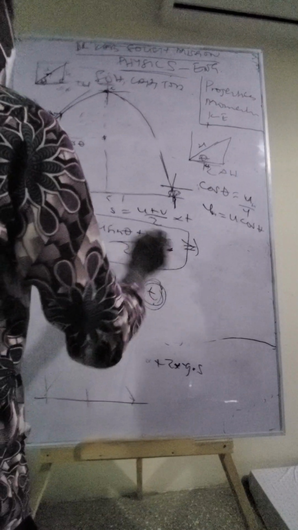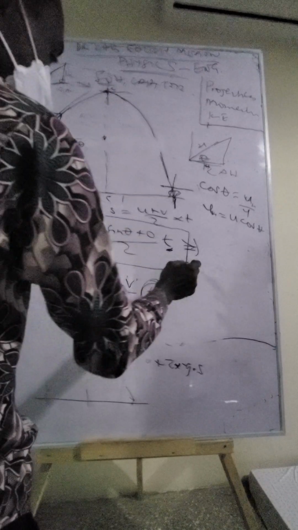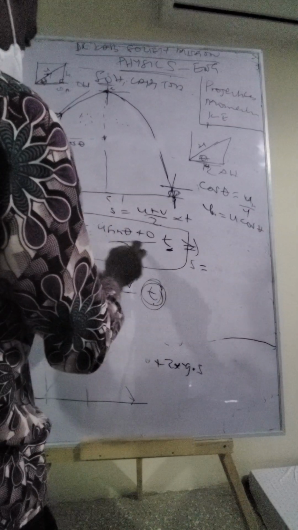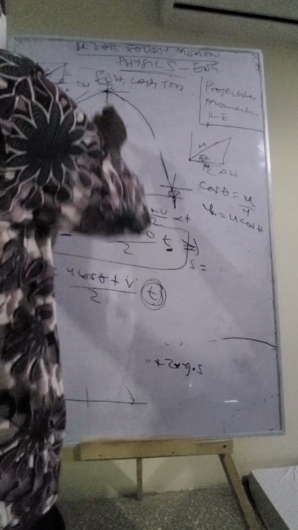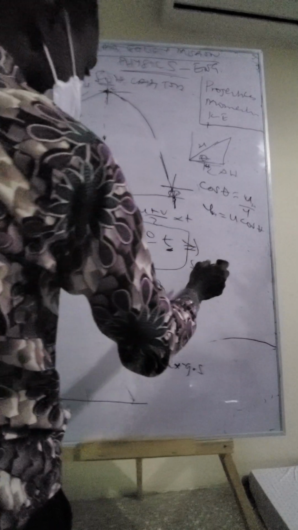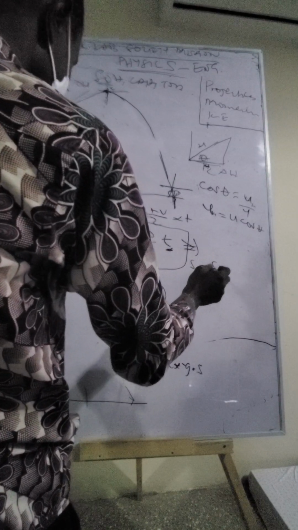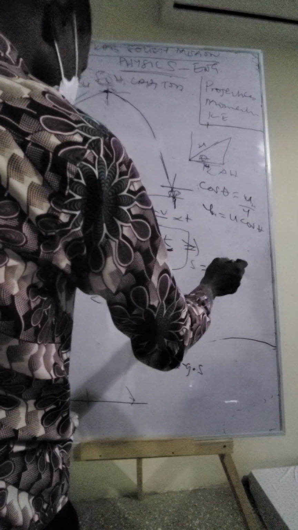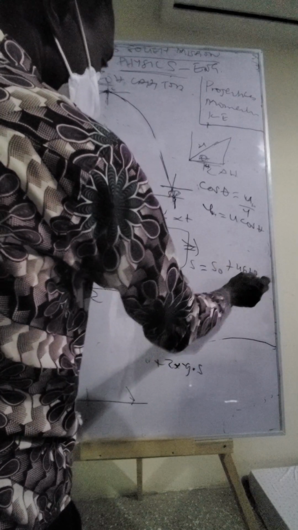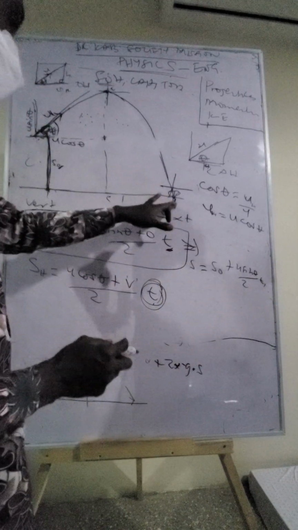It is going to be this distance that we have covered plus s. So s will be equal to the distance up, s0 plus U sine theta over 2 t. Of course, this t can be t1, because it's not going to be our total time t.